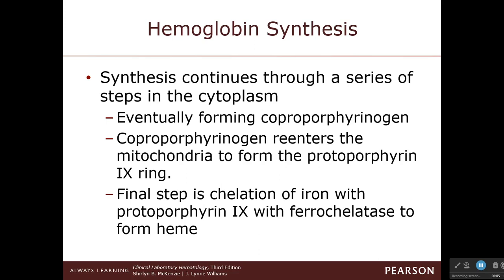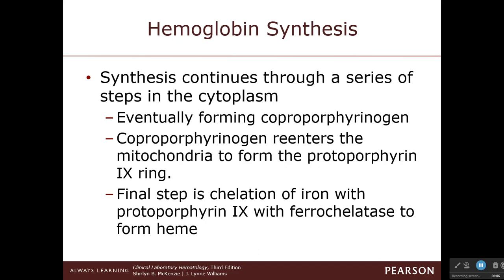Then, through enzymatic reactions, okay, all right, so coproporphyrinogen re-enters the mitochondria to form our protoporphyrin ring 9, okay? So that's another thing I want you to know about heme production. Know how it begins and the end product is a protoporphyrin ring 9, okay?